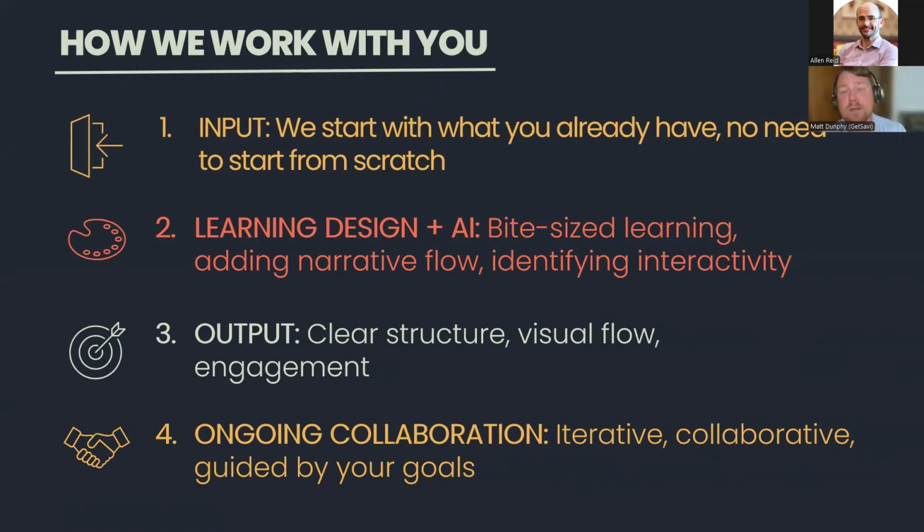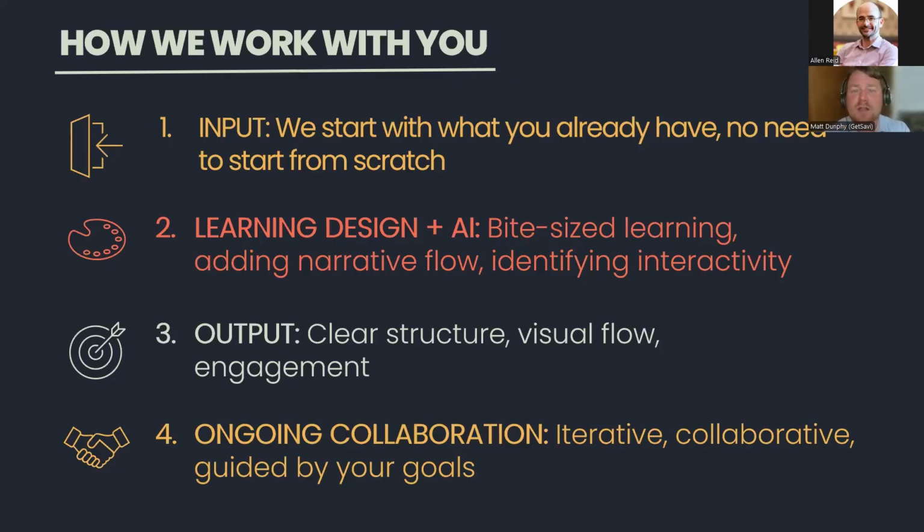That's always going to be the inputs, the assets themselves. The bulk of this is the learning design using AI tools, and that is a highly collaborative process, as I say. We promise an output of something that's clearly structured, very visual and interactive, and flows towards good outcomes for the learner. And then we generally tend to find this can be an ongoing collaboration.